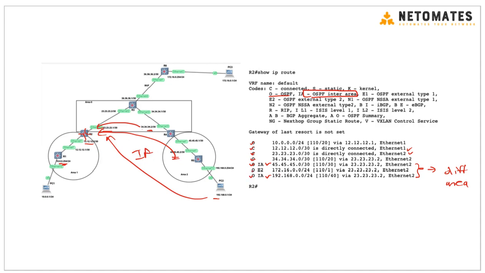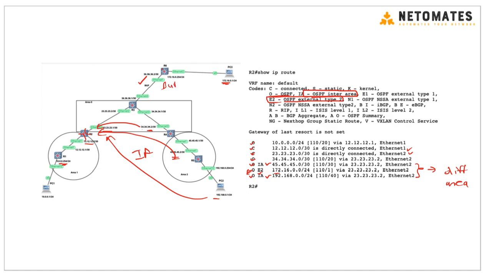And the next type of route you can see here is OSPF E2, OSPF external type 2 routes. If you look at that network, it is 172.16 in this topology. OSPF external means this route is in the OSPF database, but the source of the route is an external routing protocol, which in this topology is BGP.